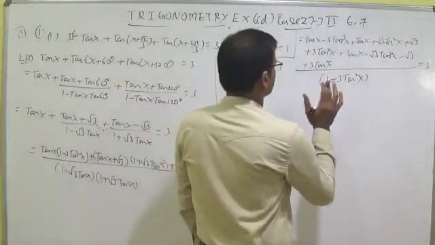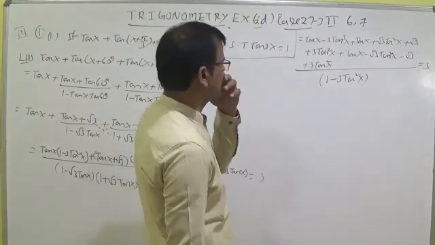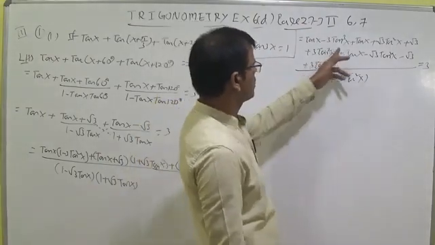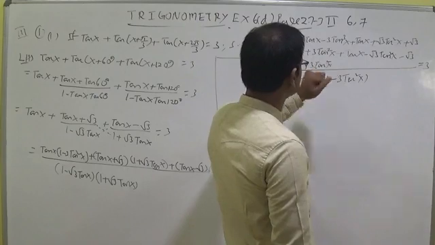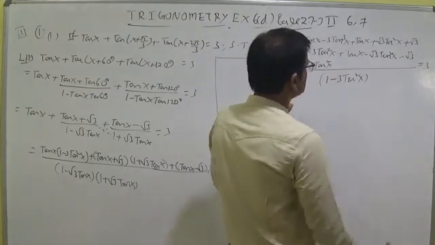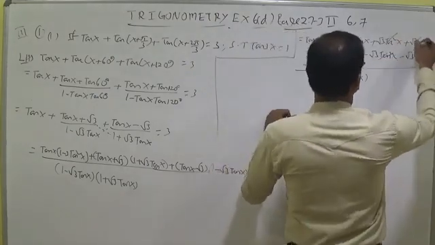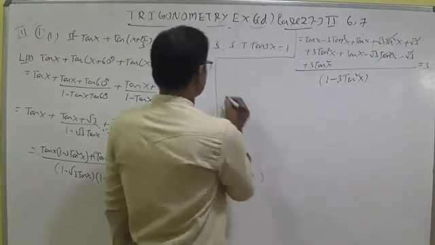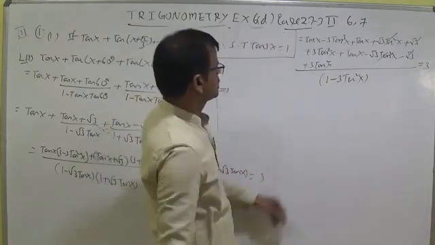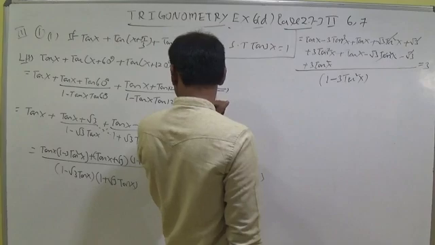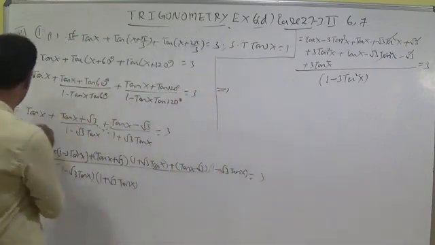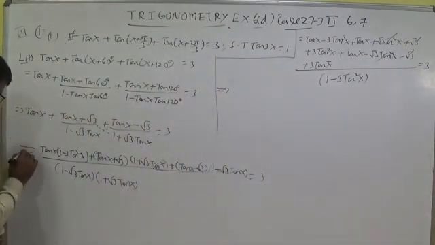Now whatever terms are there, they should get cancelled. Tan x minus 3 tan cube x is okay, 3 tan square x is okay, root 3 tan square x plus and minus, this root 3 gets cancelled. That implies, next step: whenever equal to is there, you should write the implies symbol.